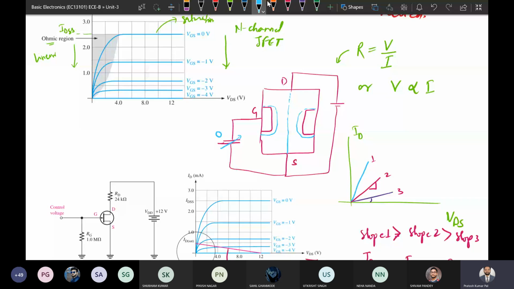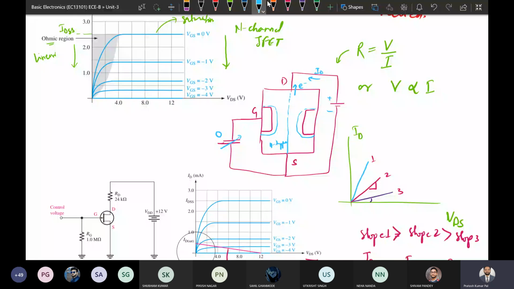Based on the applied field or applied voltage, there will be different voltage variations. At these points there will be different voltages, suppose V1, V2 and V3. These voltages are nothing but the voltage drops across the resistive path formed by this channel region.